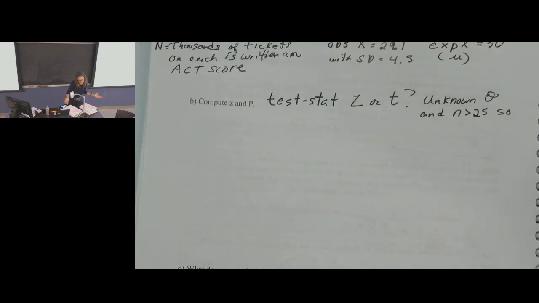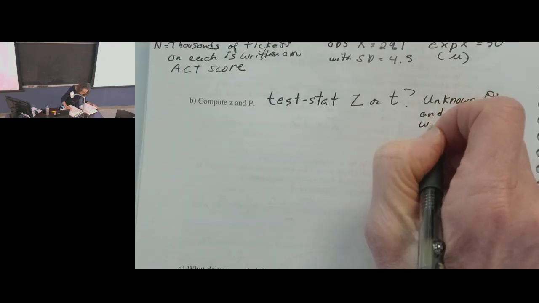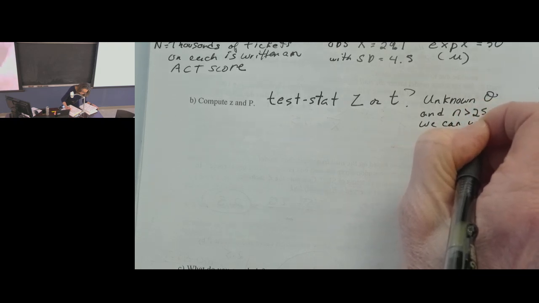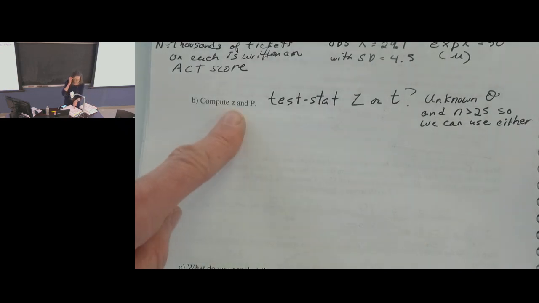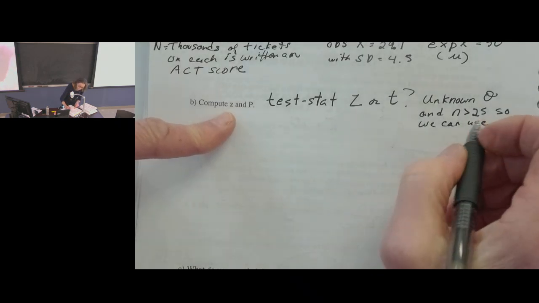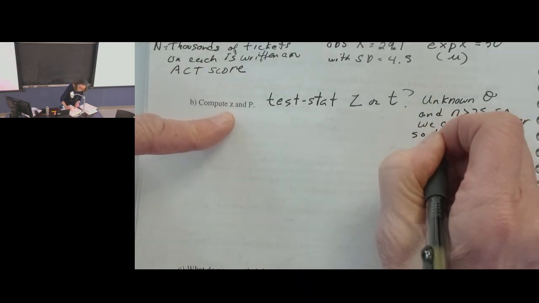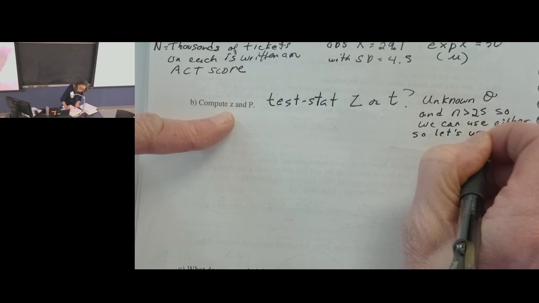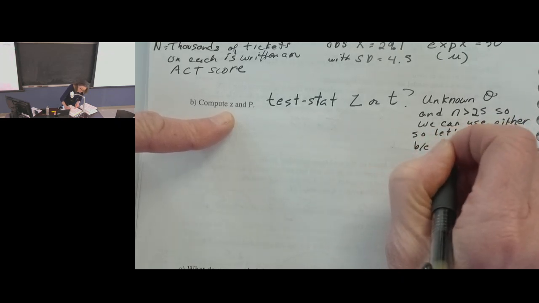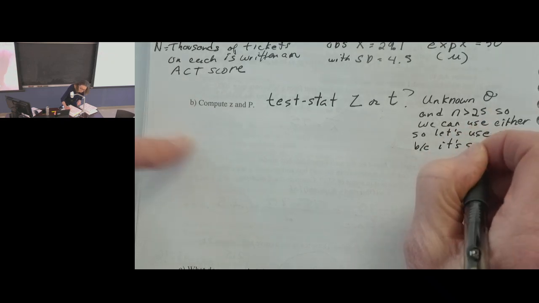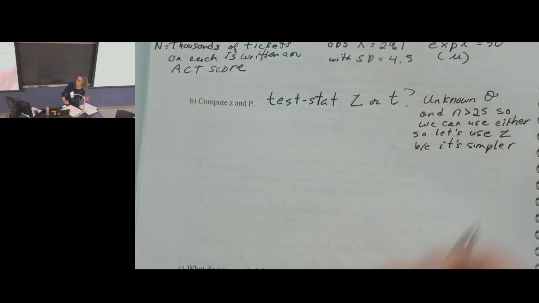It's simpler to use z. You wouldn't be wrong if you used t, but it's simpler for us. It's easier. There's just one normal curve.